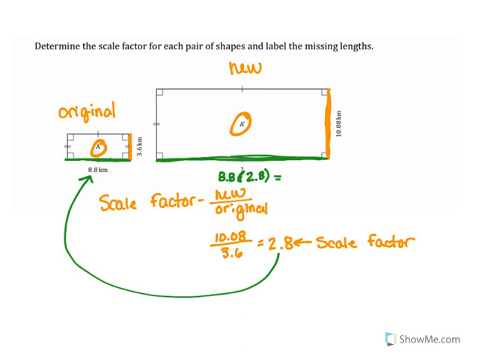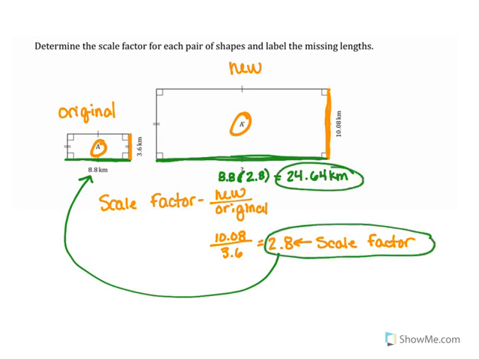So 2.8 times 8.8 is 24.64, and this is kilometers. So that would be our answer, and this would be our answer. We found the side length and we found the scale factor. So you find the scale factor by doing this equation, then you just multiply this number by the scale factor. If we were going to go the other way, so we went this direction, we multiply. If you were to go this direction, you would divide.